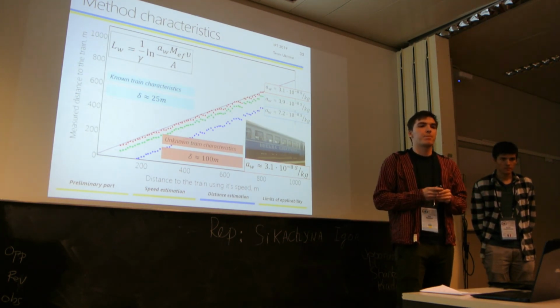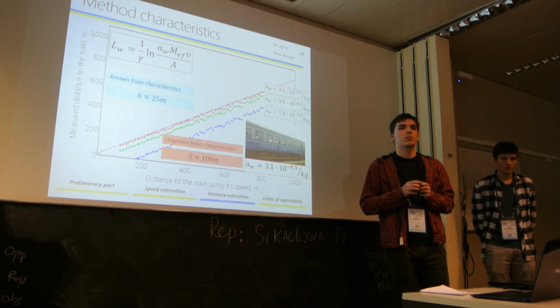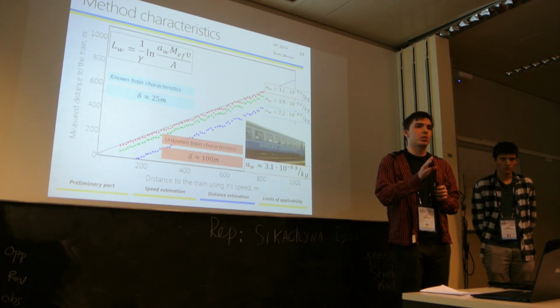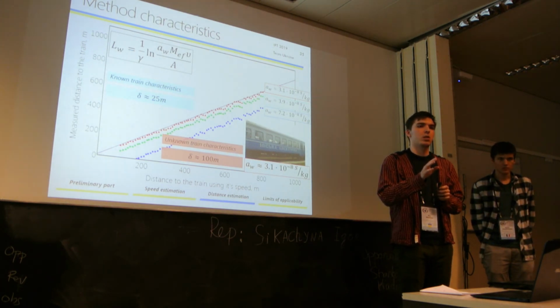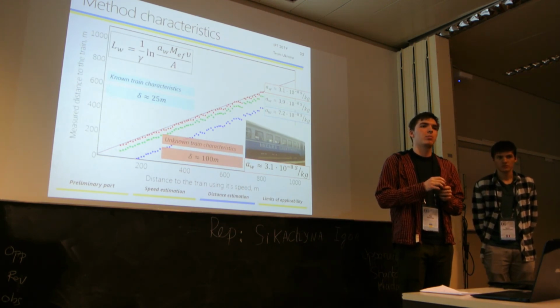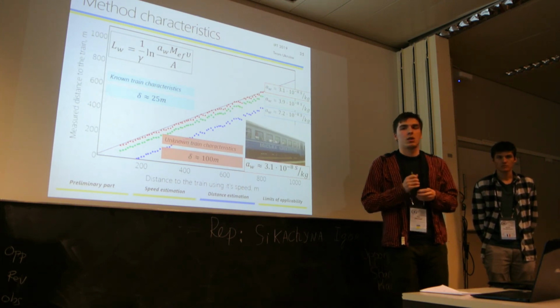But do you think if you put one sensor in each wheel, you will have a better result? At each what? So you use one sensor attached on one rail, right? Yes. And my question is, if you use two sensors, one sensor in each wheel, what will be the difference?